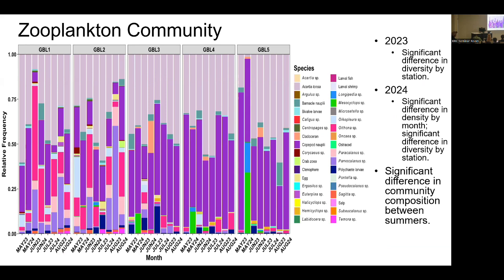Generally also true in both years, you'll see Oithona, which is a smaller cyclopoid species as well. Although as you move up into the bay further, you see it less, as it is more of a higher salinity species, or genus in this case.